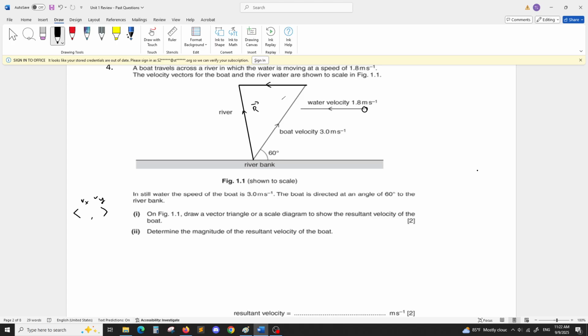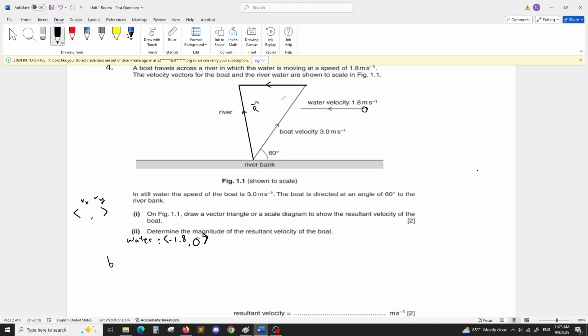It's like an ordered pair. So our water velocity, it only goes west. So we can say that our y vector is nothing, because it doesn't go up or down, it only goes left to right, but it only goes left at 1.8 meters.